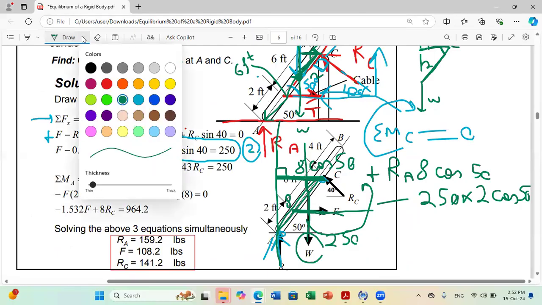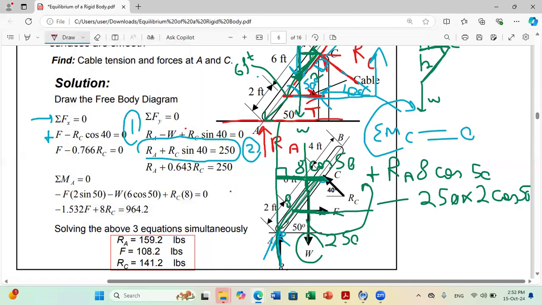Let me choose another color to show it for you. This is your line of action. You do the perpendicular from C to this line. This is the distance of interest. If you do it with your hand, it's rotating about C counterclockwise.